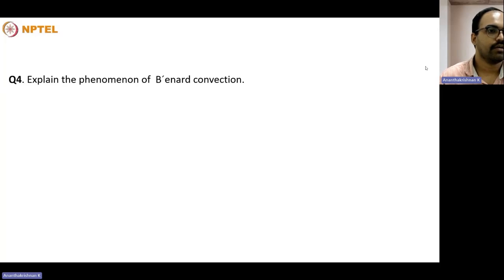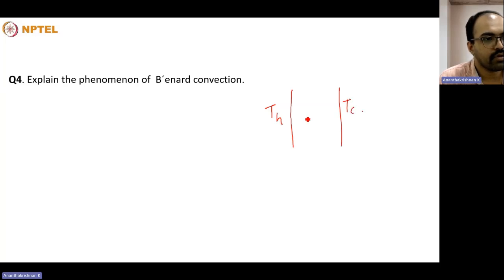So the question says we need to explain what is the phenomenon of Bénard convection. This is a completely different kind of convection than what we had seen till now. Normally, in the case of vertical walls, we consider two vertical walls, one at a hot temperature T hot and the other cold.